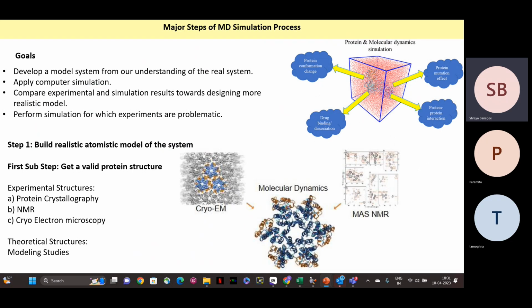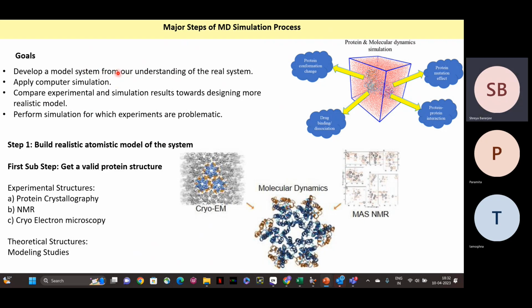So what are the major steps of this molecular dynamics simulation process? The goal is to develop a model system from our understanding of the real system. So you get an idea of the real system from experiment, which is NMR, cryo-electron microscopy or X-ray crystallography, and based on that idea, an initial model is developed for the computer simulations.